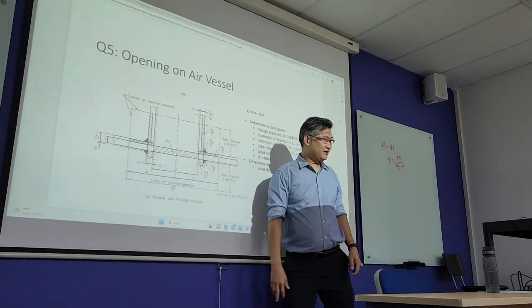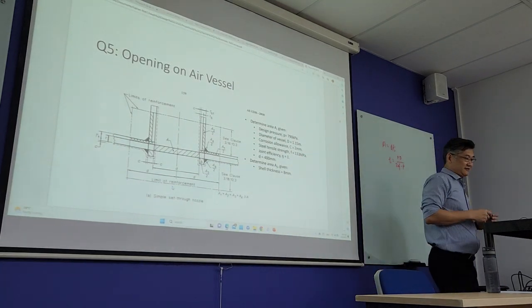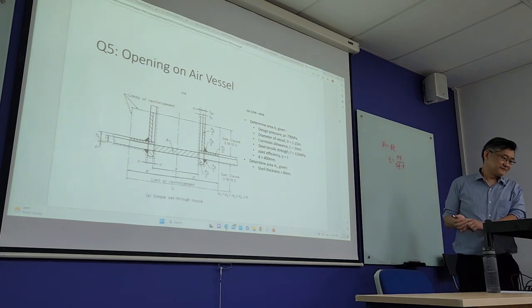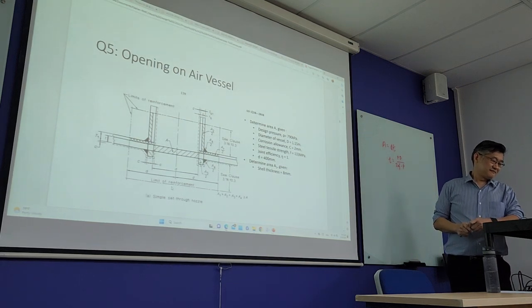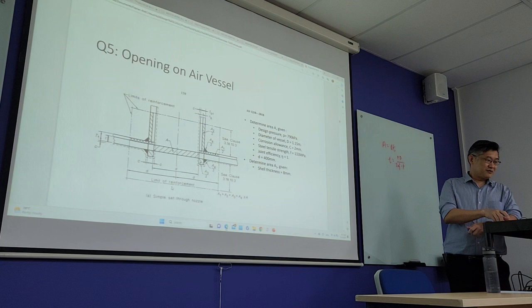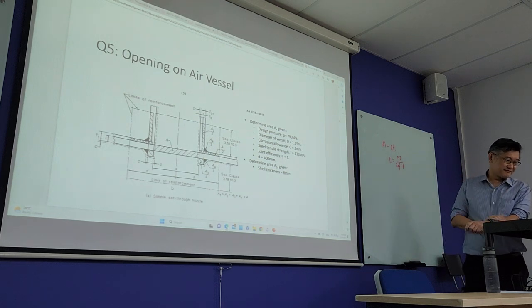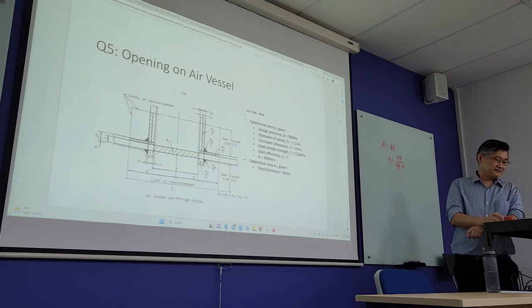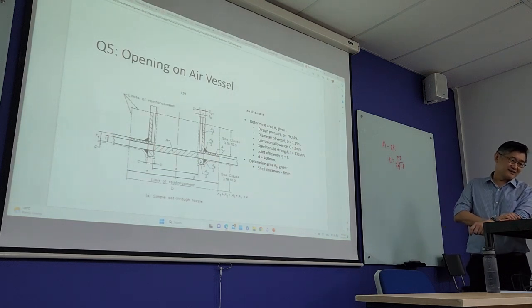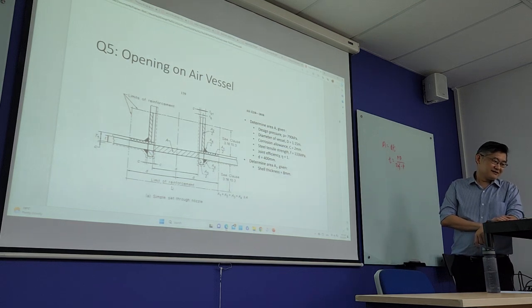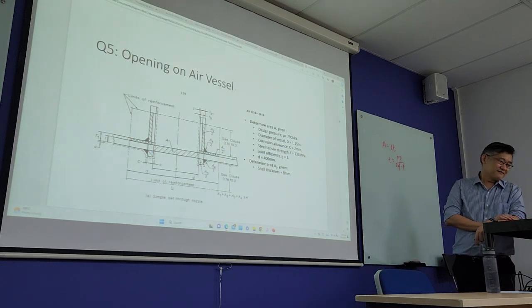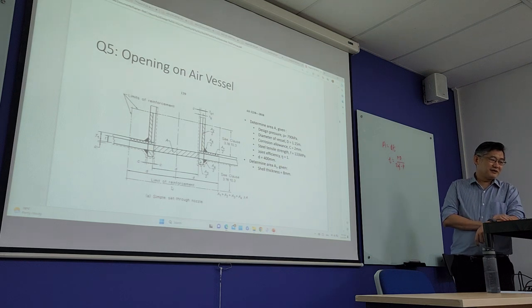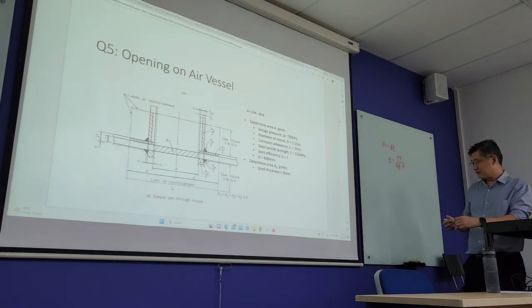Then what is A? The T value is 3.4256 times 10 to the power of negative 3, so it's in meters. So 3.4 mm times your 0.4 meter. So this is the cutaway area.